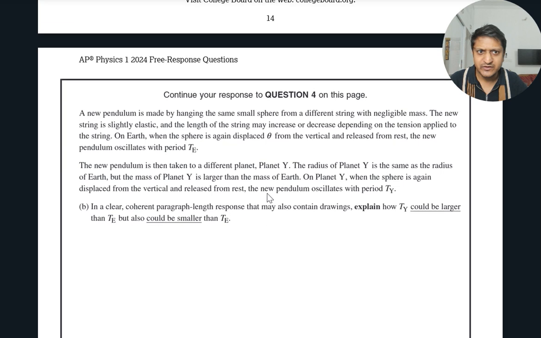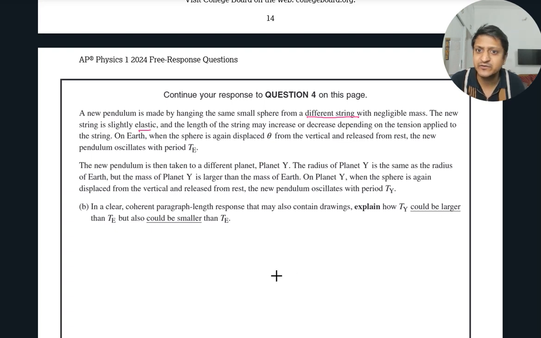Then the next question is, a new pendulum is made by hanging the same small mass from a different string with negligible mass. So the string is now different, underline it. The new string is slightly elastic. The length of the string may increase or decrease depending on the tension applied to the string.